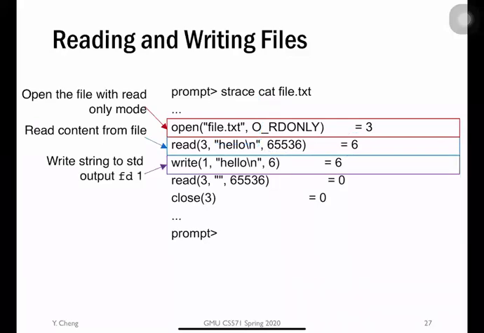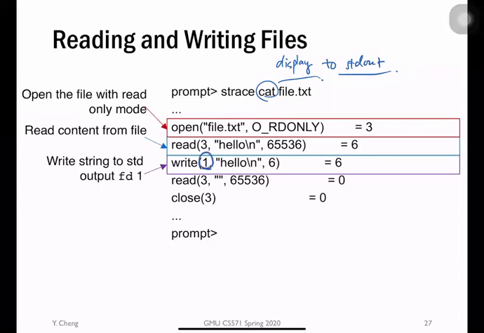So why we have a write system call is because we want to display, right? Because this is a cat. It tries to display the content to the terminal, to the standard output. Okay, so the corresponding file descriptor associated with standard output is some reserved file descriptor, which is 1 in this case.